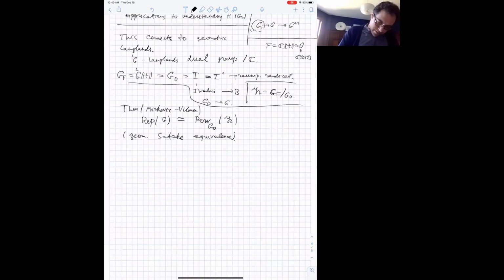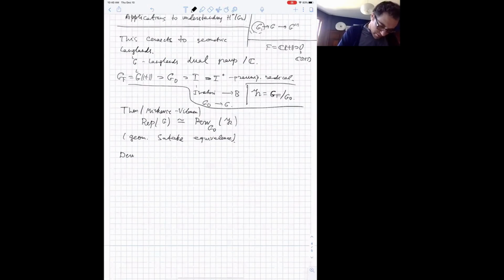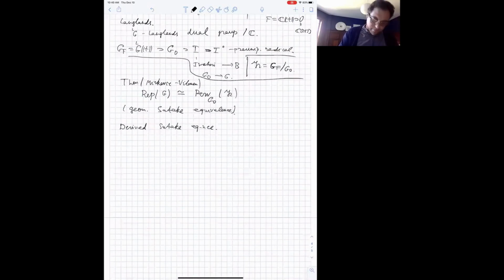So there's derived Satake, which says that if you consider the derived category, then this is the derived category of equivariant coherent sheaves on one derived scheme. Of course, here it should be the dual thing.